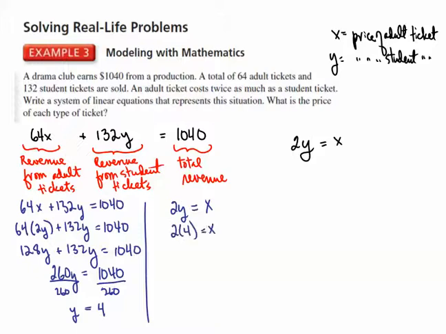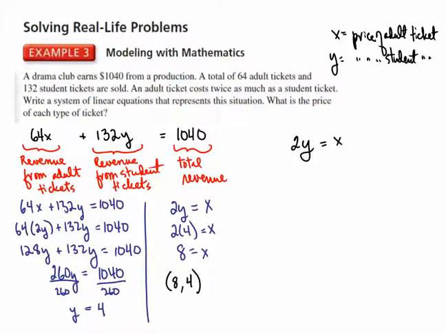And this makes sense because we know that the adult ticket has to be twice the price of the student ticket. And so our x value would be 8, our y value would be 4. If x is the adult price, then y would be the student price.